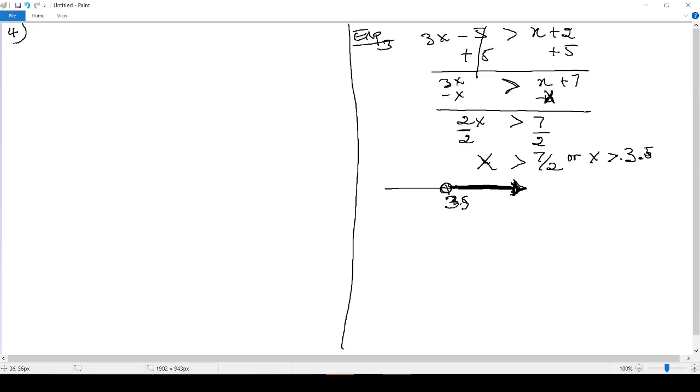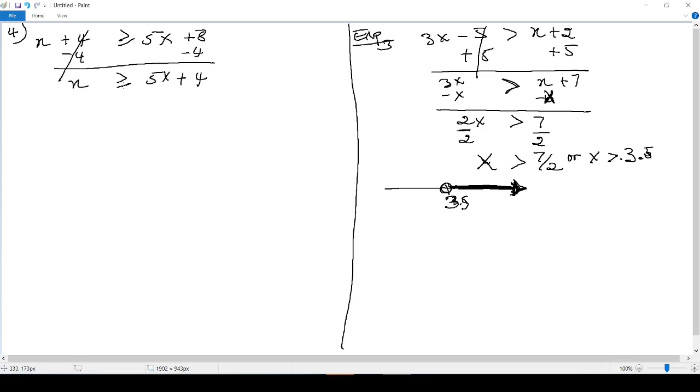Example 4, with the same type of question: graph the solution for x plus 4 greater than or equal to 5x plus 8. So we solve. Minus 4, minus 4, this cancels, we have 5x plus 4, and the sign stays the same.